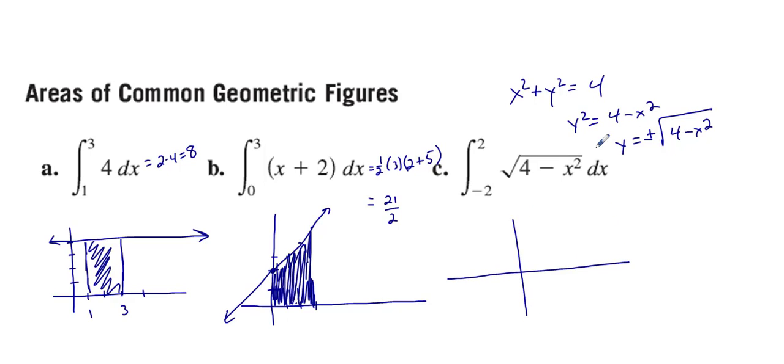It's not shifted left or right. We have no h and k in here. So we'd have a radius of 2, and that's why they have positive and negative 2 as your upper and lower bounds. And so it looked like this. We have that half circle, so half the area of a circle, 1/2 pi r squared, where r is 2. And then that would be 2 pi. Again, units squared if we're talking about area.